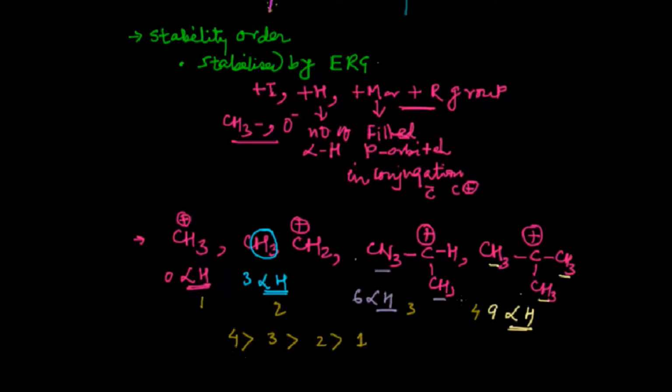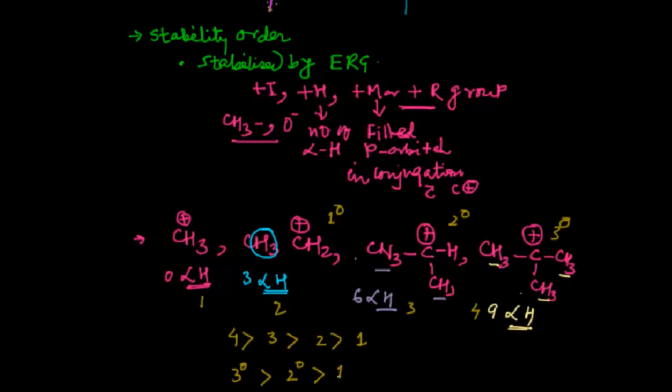Looking at the structure of the carbon, this is tertiary or 3 degree, this is 2 degree, this is 1 degree, so we can also write it as 3 degree, then 2 degree, then 1 degree, and then methyl. This is applicable when we are considering only the plus I effect and with similar alkyl groups.